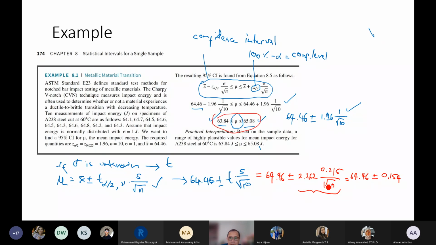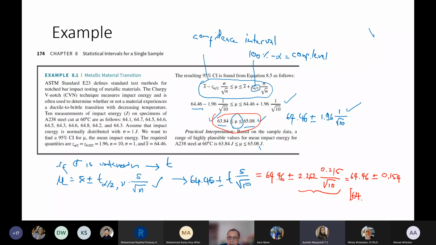So the lower bound will be, could you calculate 64.46 minus this sampling error? So this would be 64 point what? 306, sir. 306.